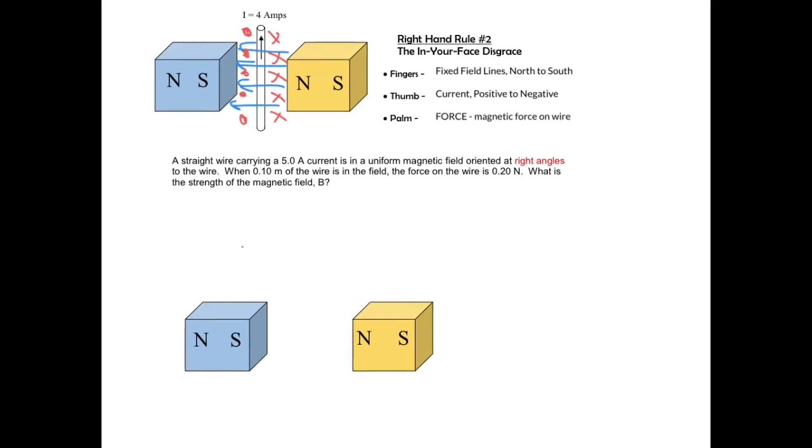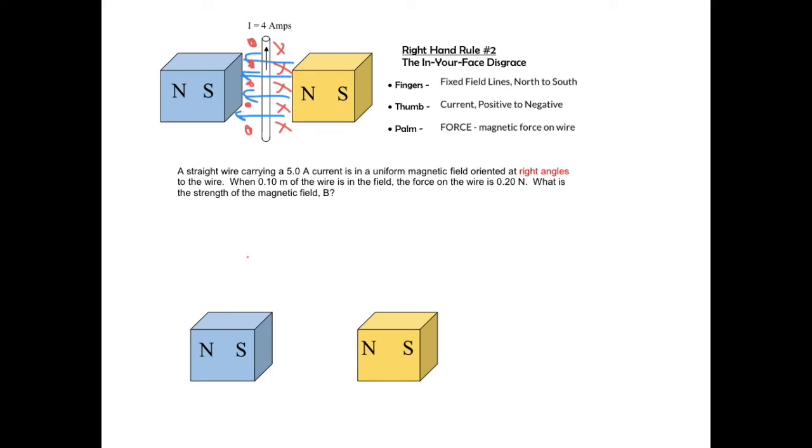So let's do an actual problem. Here we have a wire in a field, a straight wire containing a current of 5 amps. Okay, and it's directed up, so it's positive to negative. It's in a uniform magnetic field at right angles. That's important, although in regular physics we're only going to do the right angle case. When 0.1 meters of wire is in the field, okay, so this is important.